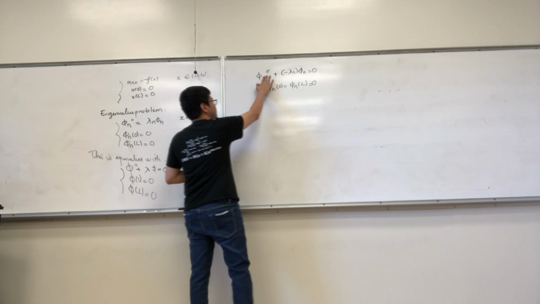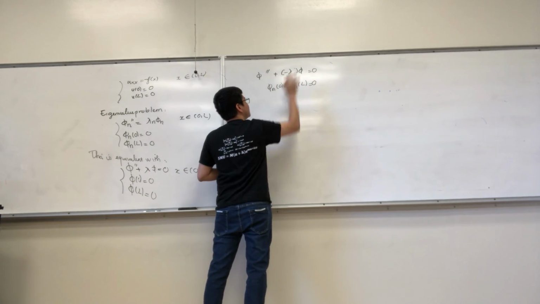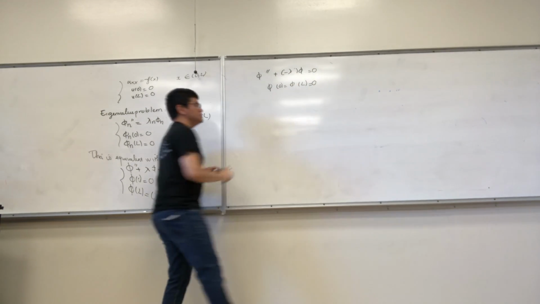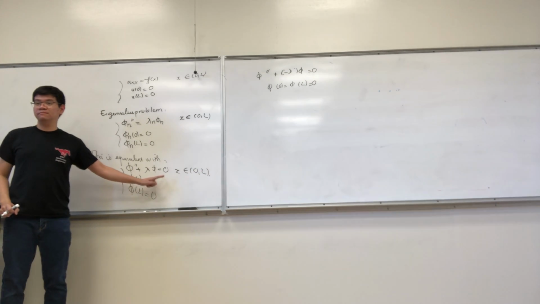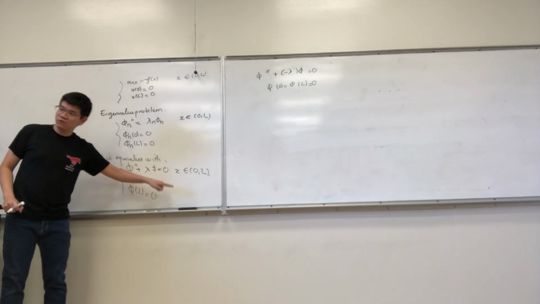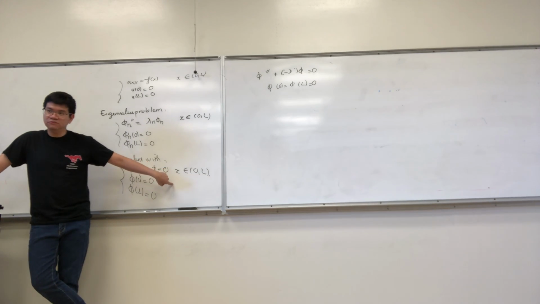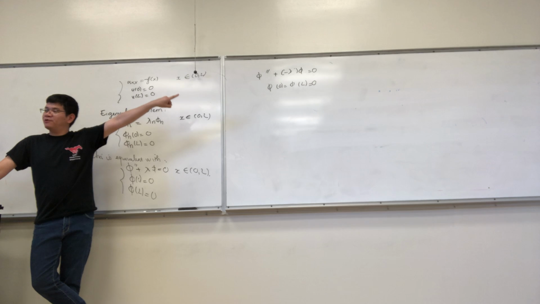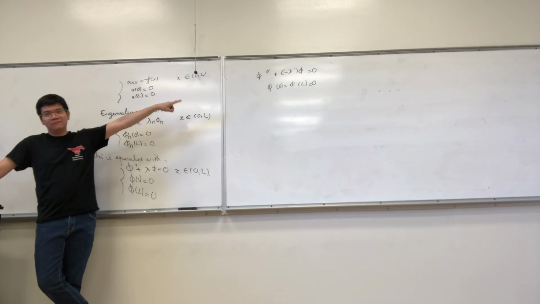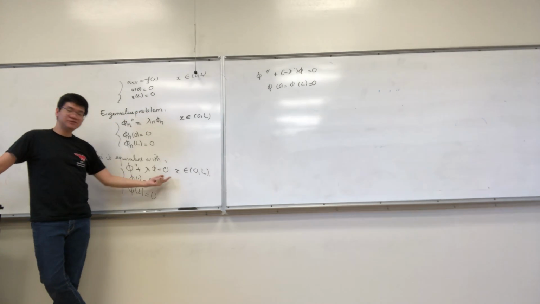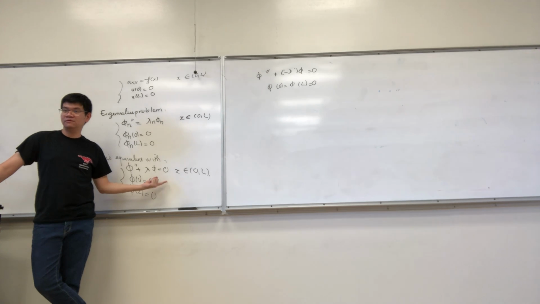So if I remove the n, it's going to become this problem. You see, if you solve this problem, it's going to give you exactly the same solution, lambda 1, lambda 2, lambda 3, lambda n, and it's just the index. You see the point? Right?